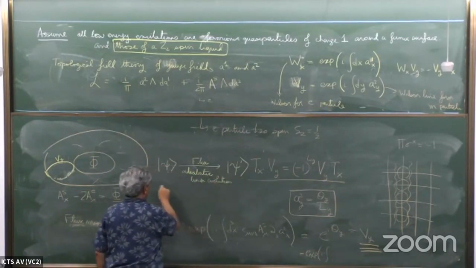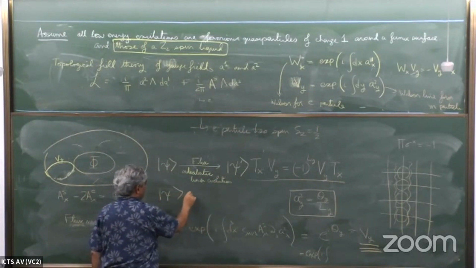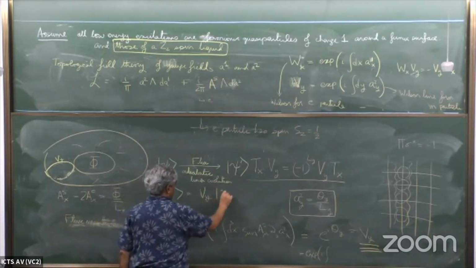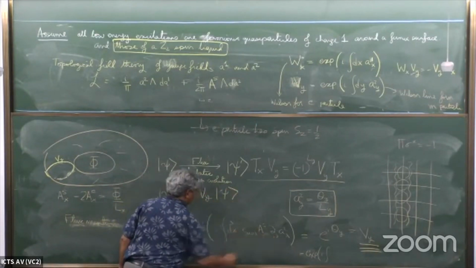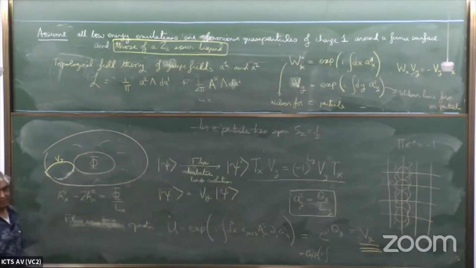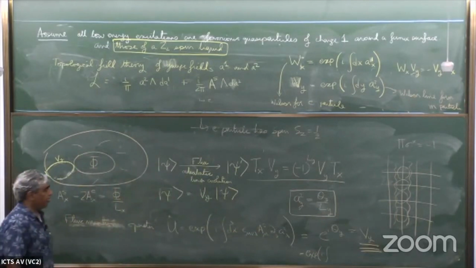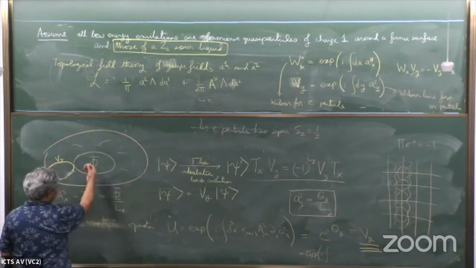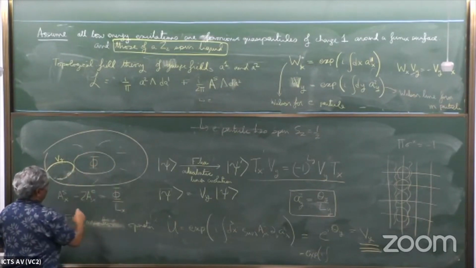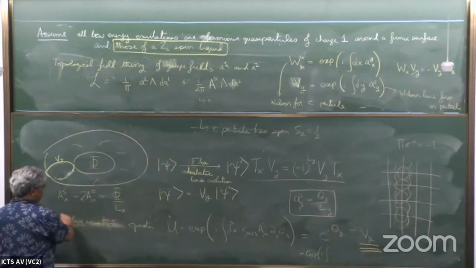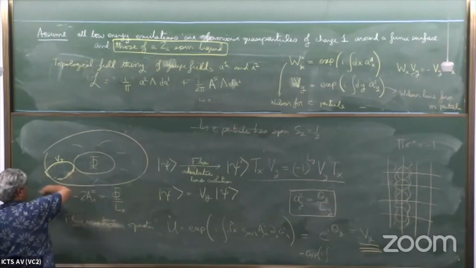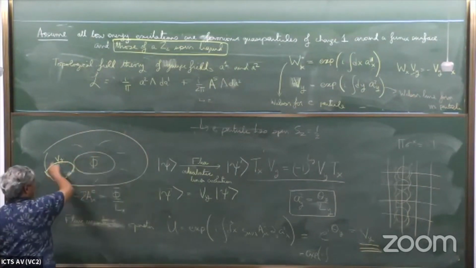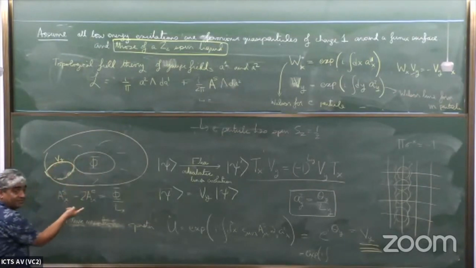And all I'm saying is that psi prime, the final state, is just Vy times psi. That's what this operator in the topological field theory tells you. So I insert flux in this hole of the torus, and what I end up with is a different state, which has got an operator Vy acting on it.